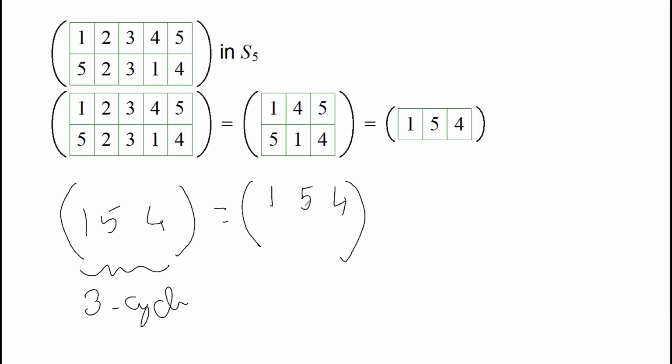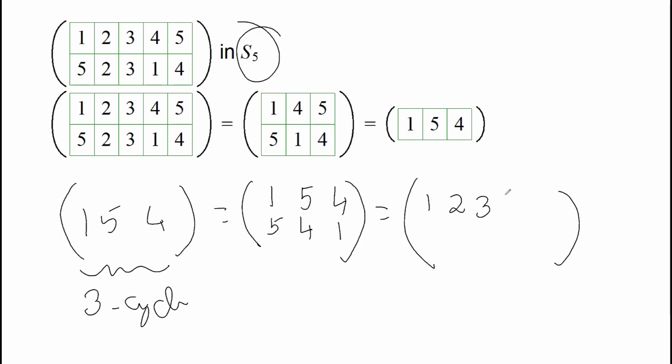So we have 1, 5, 4, and we are moving them cyclically. 5, 4, 1 goes here, that's the 1. And if we want to realize this as an element of S5, then we will insert 2 and 3, just write that they are the same, they don't move. And here it's just a regular looking element of S5.